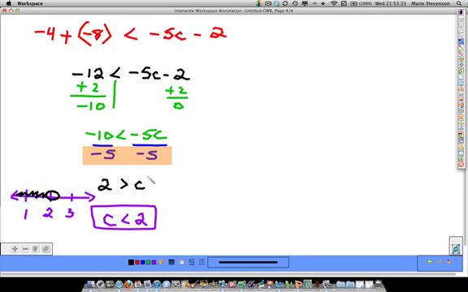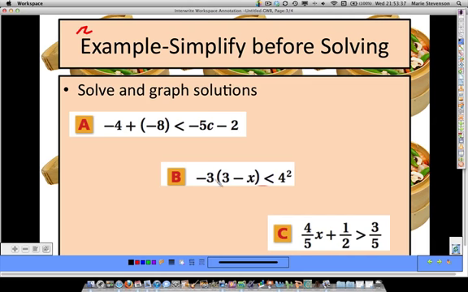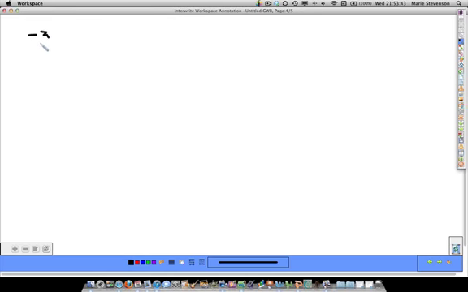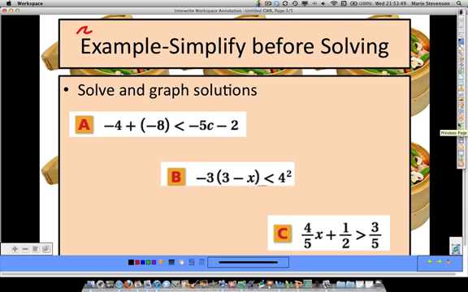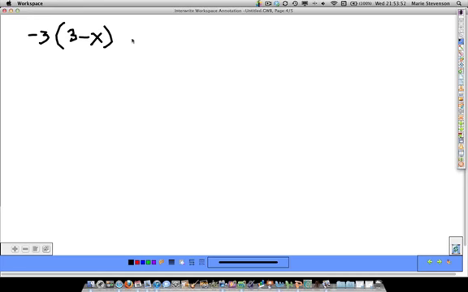Okay. Alrighty. The next one, here's the problem. Negative 3 times the quantity of 3 minus x is less than 4 squared.